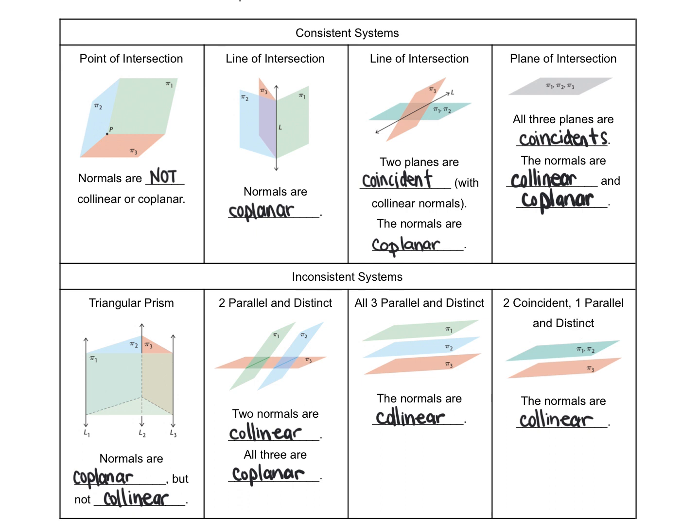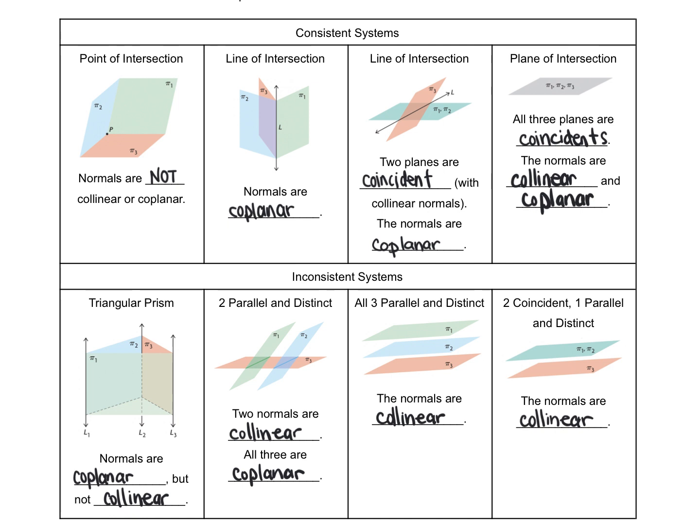Next, three planes can intersect at a single line. So there's an infinite number of solutions, any point on that line. And the way you check for a line of intersection is if the normals are coplanar. They're not collinear, so the planes are clearly not parallel to each other, but all of the normals of these three planes would be coplanar.